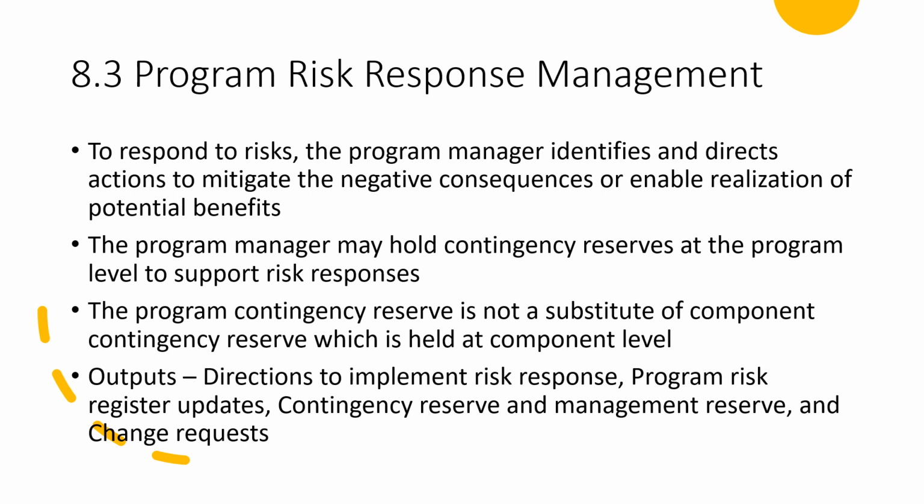So you need to ensure that there is a contingency reserve at component level and at program level. Outputs of program risk response management are directions to implement risk response, program risk register updates, contingency reserve and management reserve, and change requests.